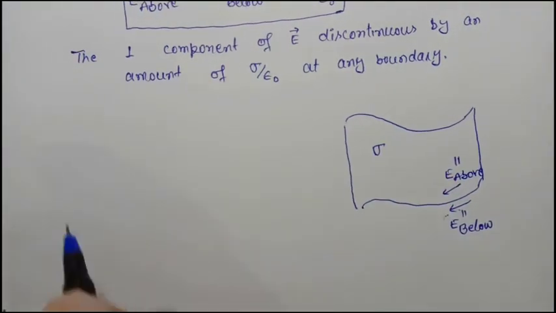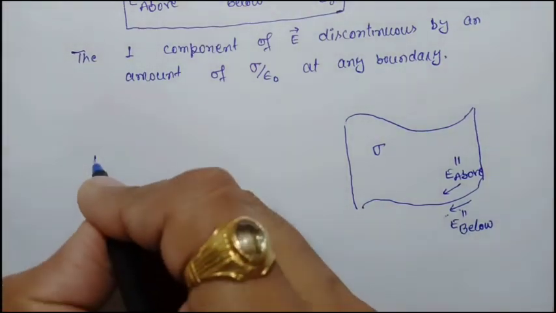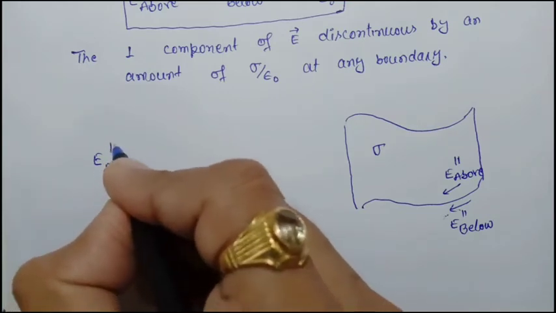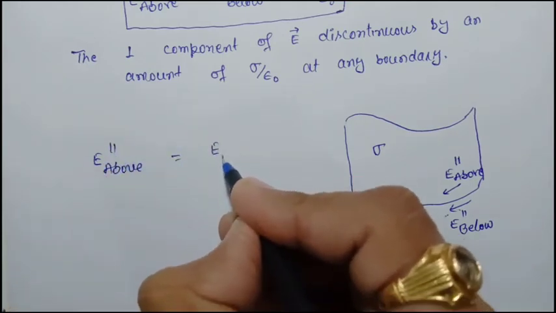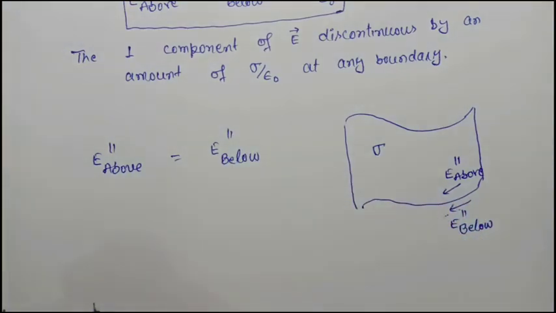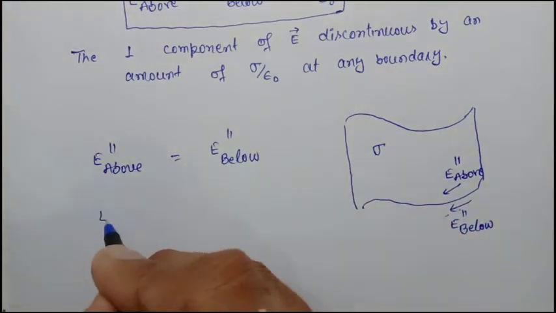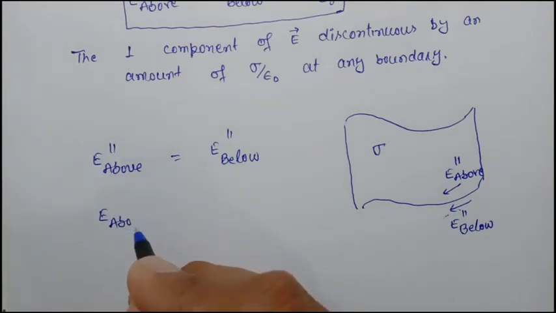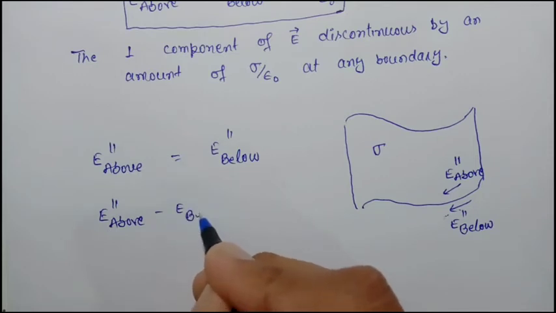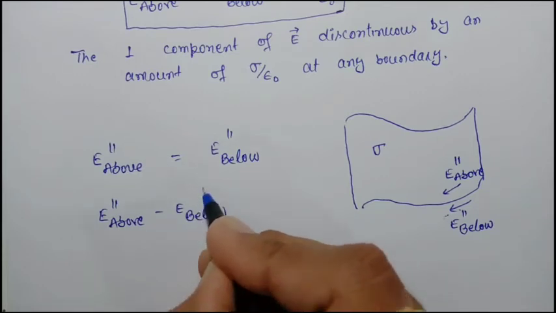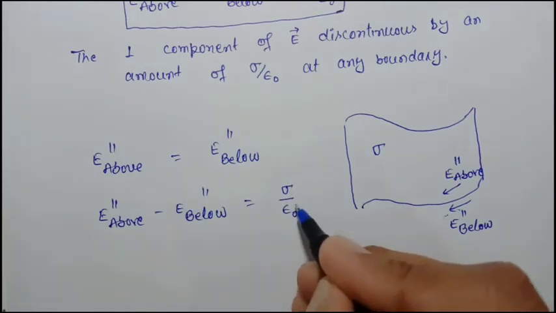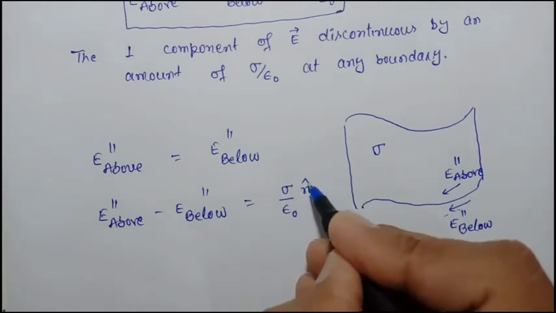So in this case, again E above parallel is equal to E below parallel, but at the boundary E above minus E below, again this is equal to sigma over epsilon naught, and here we have n cap.